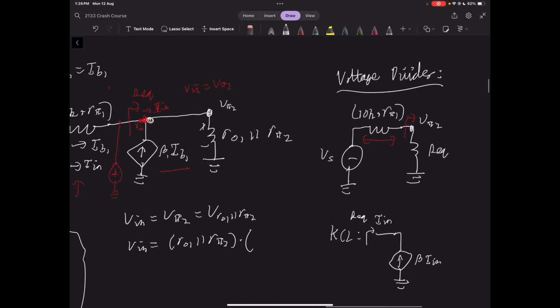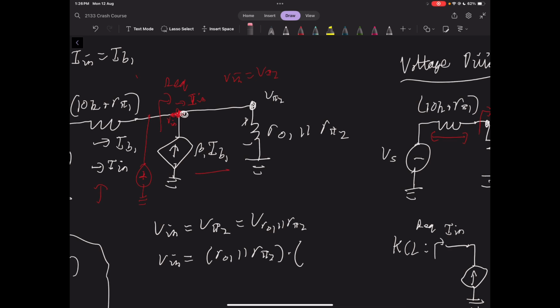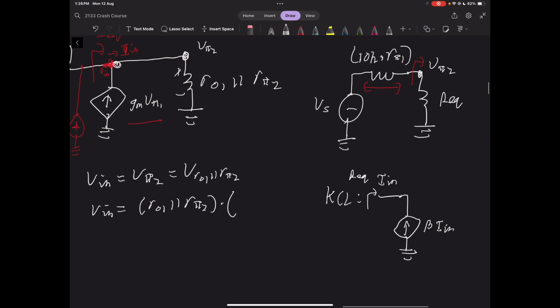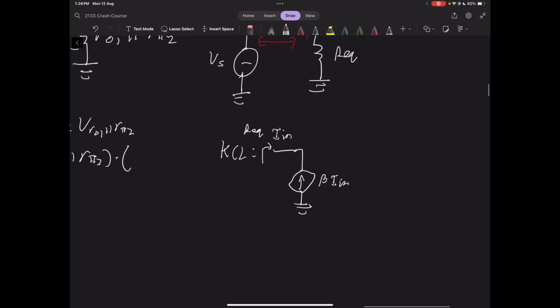Now, hopefully it's clear why that's beta I in. We've replaced gm V pi 1 with it, and we know that V pi 1 is equal to the current through that resistor times R pi 1, and then we do the same simplification that we did before. And that allows us to do KCL, so that means this current here is beta times I in, and that means that the current through this resistor here must equal these currents added up.